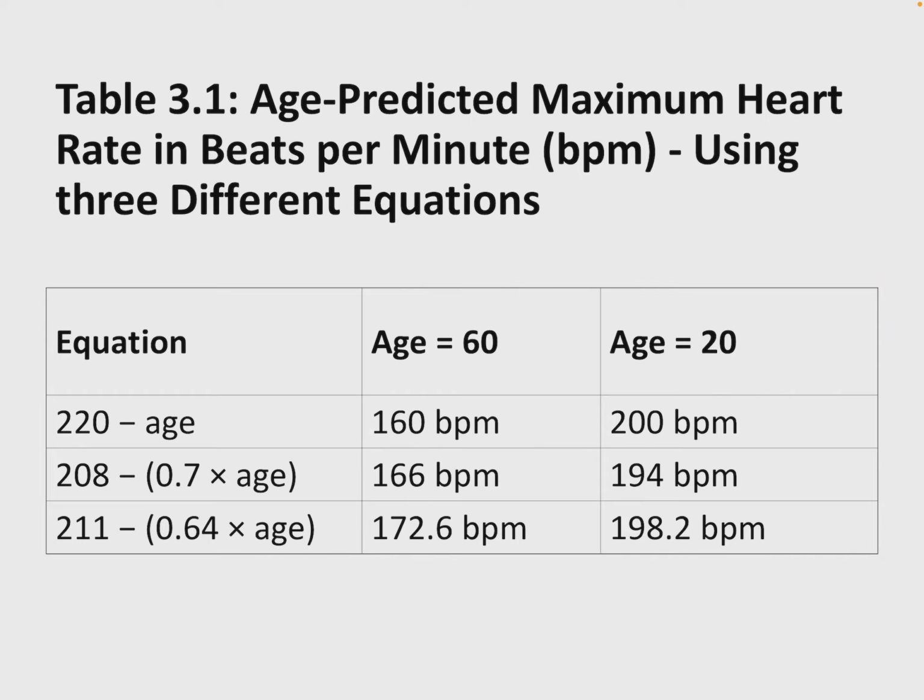Back in 1971. The second line is the newer equation that CSEP has adopted, the Canadian Society for Exercise Physiologists, and that was based on research by Tanaka et al. And then our third equation is the Hunt formula by Ness et al.